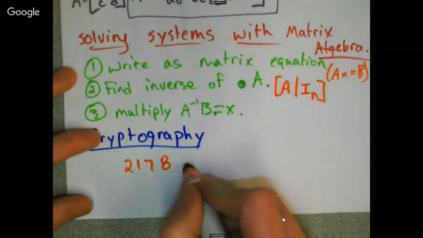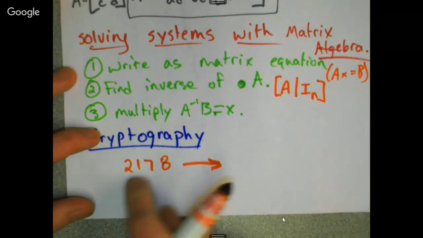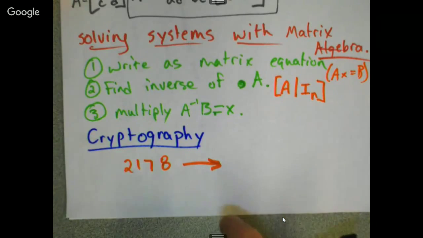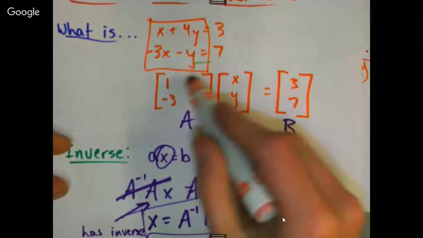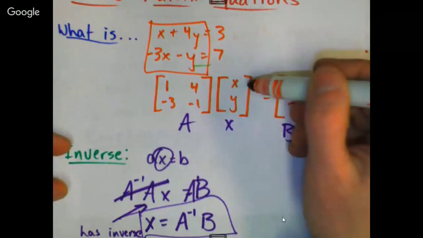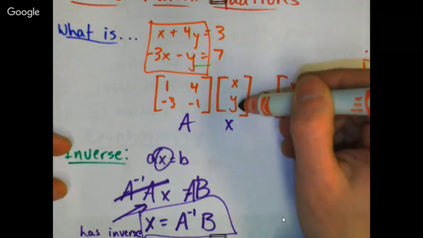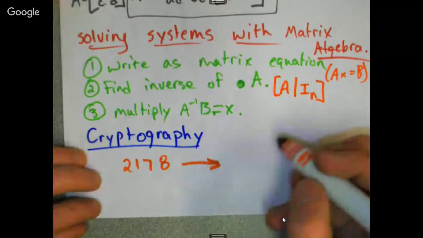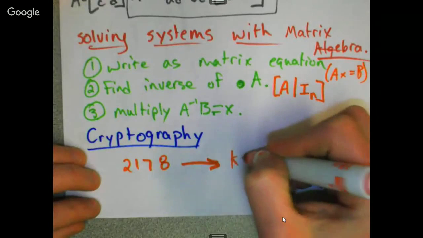We will code this number into something totally different. This is called your key matrix, and it will transform it into a different matrix. So I might say that the key might be this matrix.